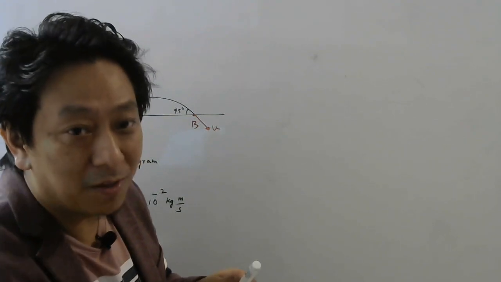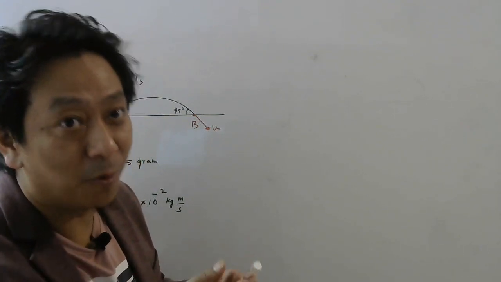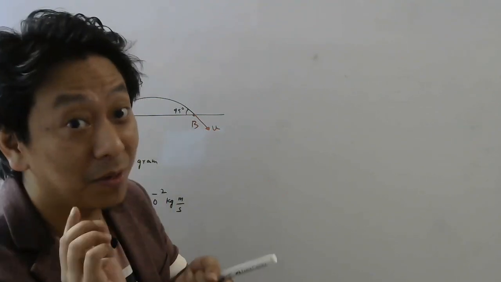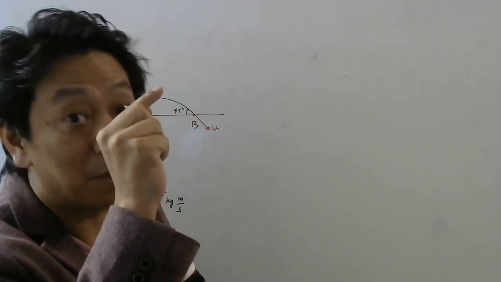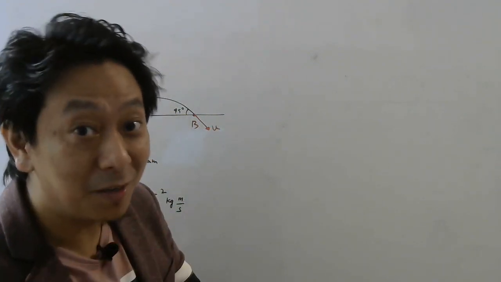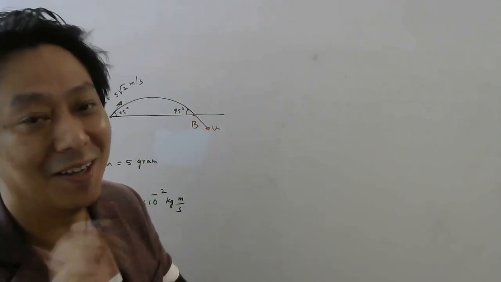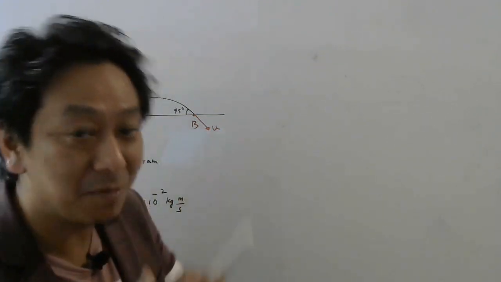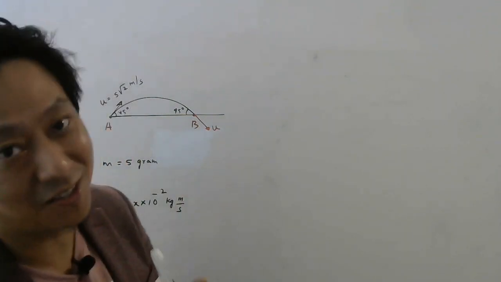So if you throw something with 10 meter per second upward, and if there is no air resistance, then while going up, gravity will decrease the speed, then it will stop. But while coming back, gravity will give you back the speed. So while going up, you lose speed. While coming back, you will get the same speed if there is no air resistance.